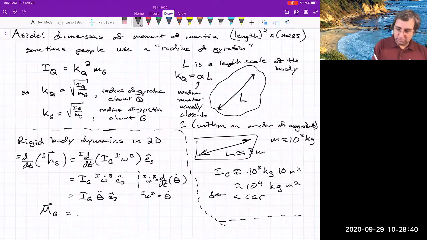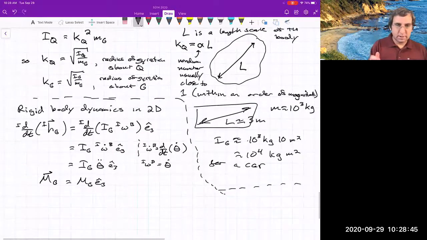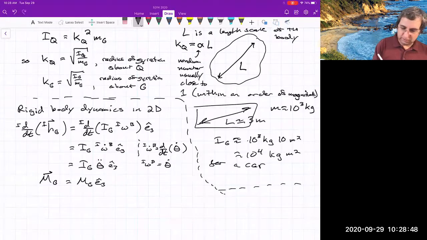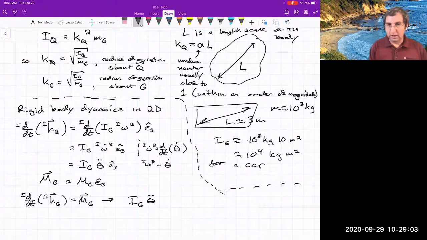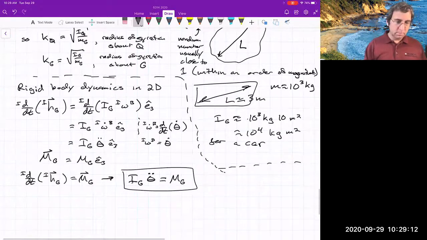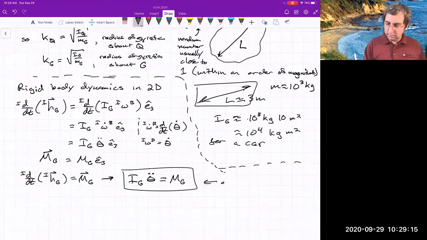Mg is going to be Mg a scalar in the third direction. So you're left with probably something that is familiar from sophomore dynamics. It just becomes, we'll write it this way, IG theta double dot, the inertial, the angular acceleration, equals Mg.